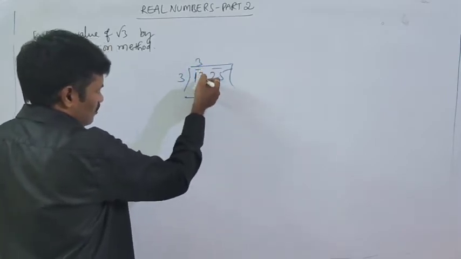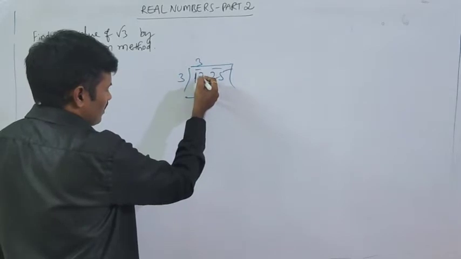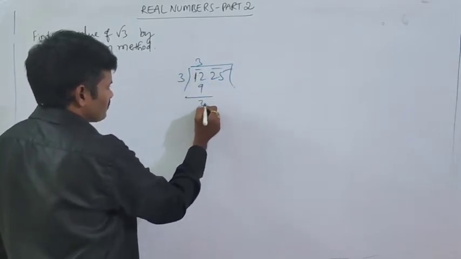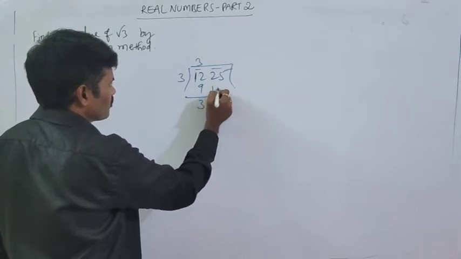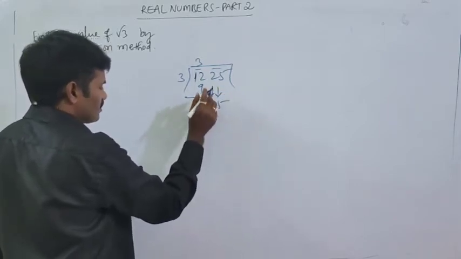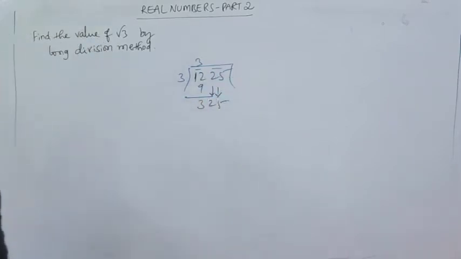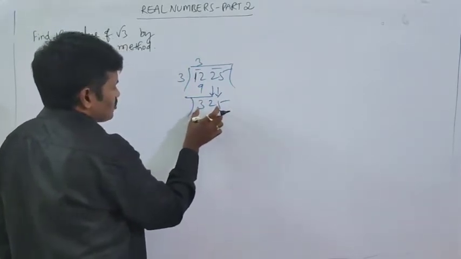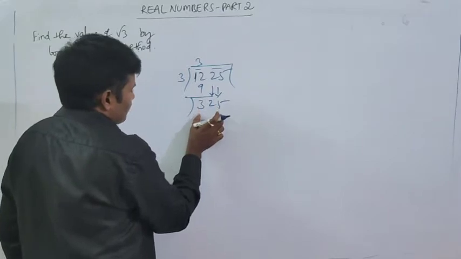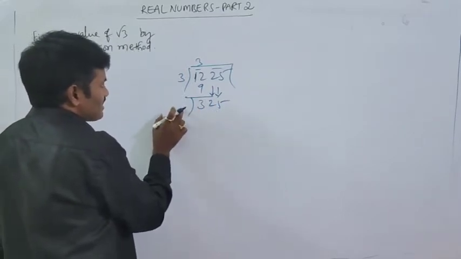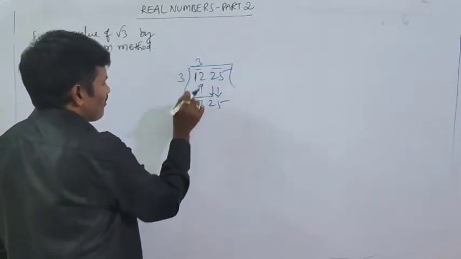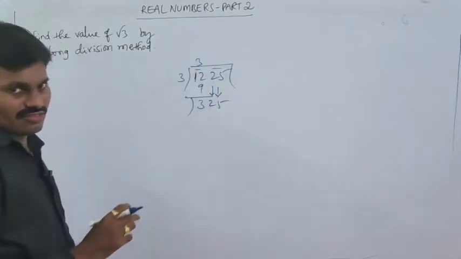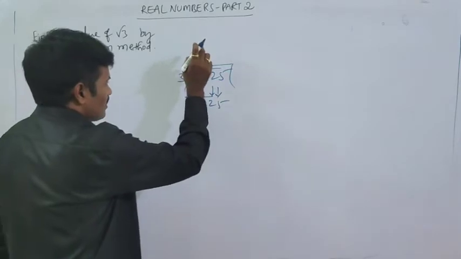Now subtraction, as in general division: 12 minus 9 is 3. Next we have to bring down 2 digits at a time. Then it is a new remainder. Now what is the divisor in this case? We have to take twice the quotient present here.